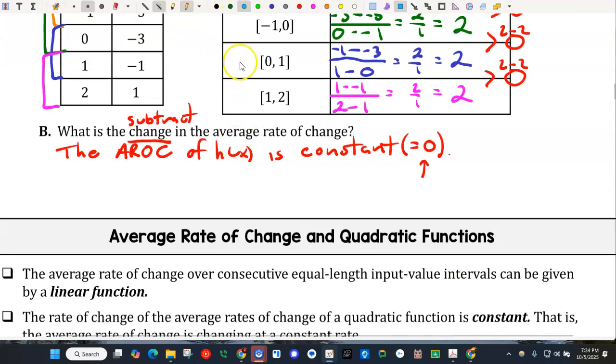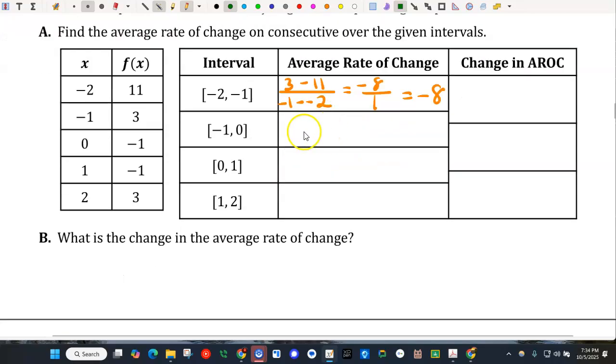Okay, next. Let's do green. All right, let's do the next one. We have 0 minus negative 1. So we'll have negative 1 minus 3. So here we have 2.